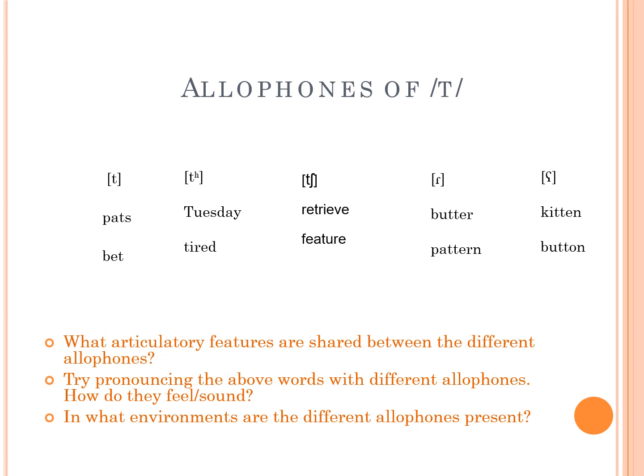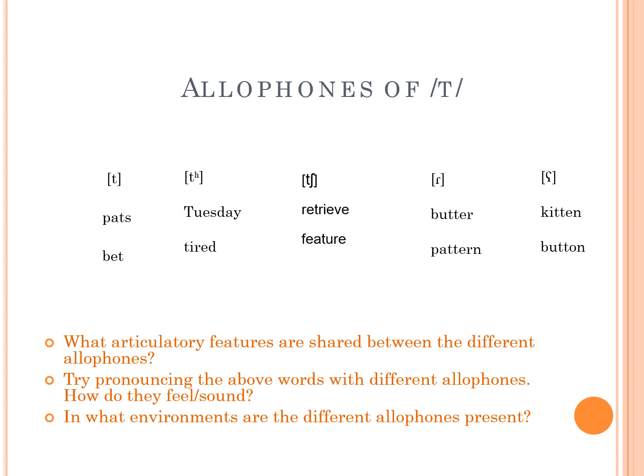Butter. Had to feel that for a second. And then we really have something that's very close to what is a glottal stop for most of us, for kitten and button. Okay, depending on your dialect, you might have more of a flap and say kitten or button that's more flapped in there, that I can't even really do.